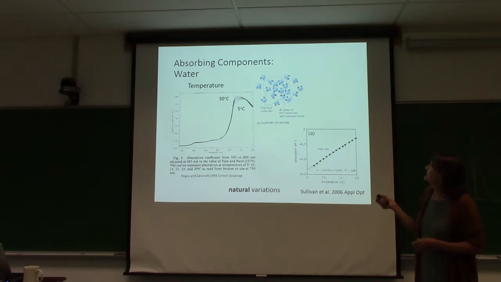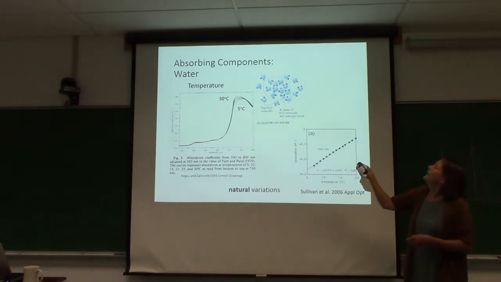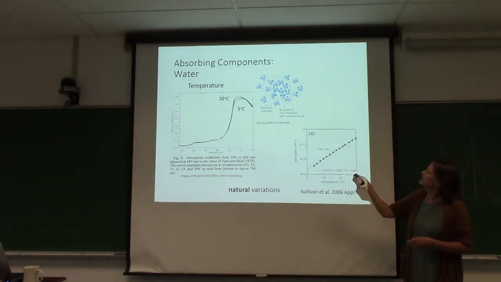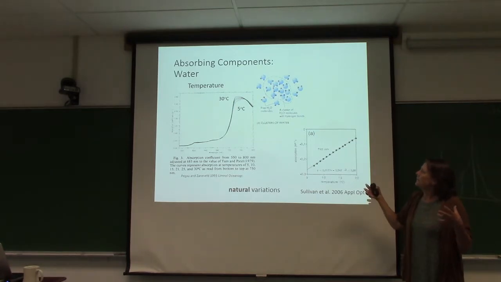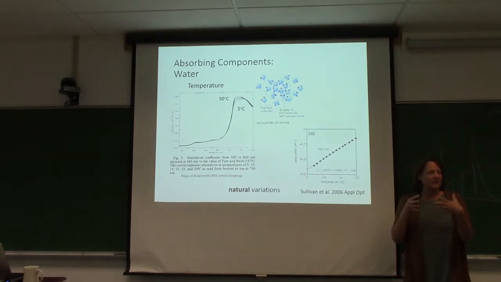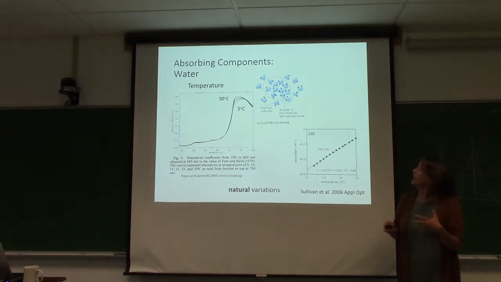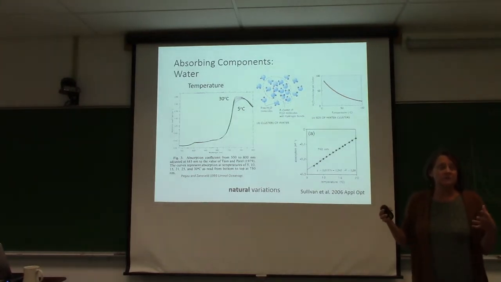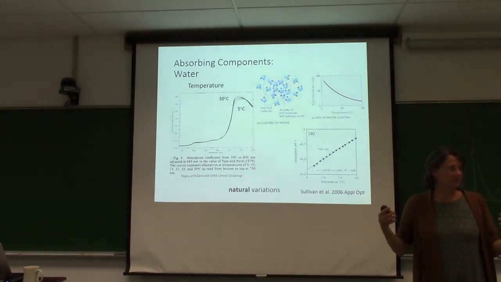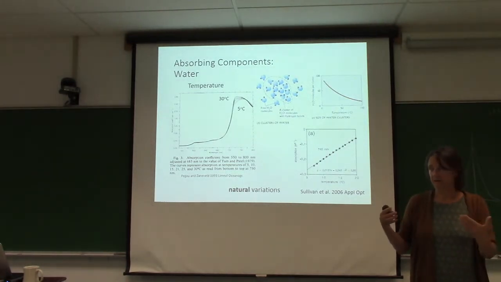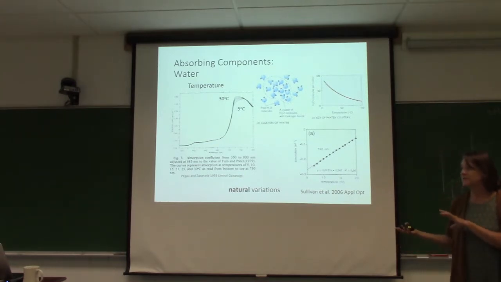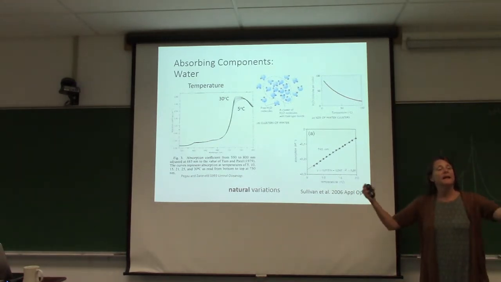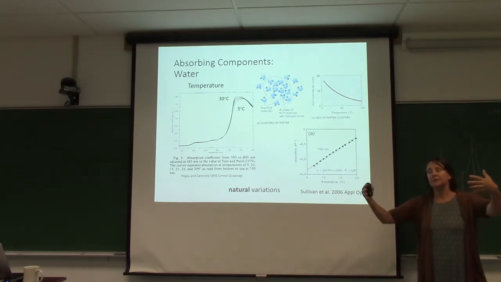Another way I like to think about it is that water molecules, this is from an intro oceanography book, I'm sorry for the quality of the figure, but each of these is a water molecule, the oxygen and the hydrogens. Water molecules cluster together and are held together by hydrogen bonds. The size of those clusters depends upon the temperature. When it's really cold, the molecules are not moving as much, and they tend to form hydrogen bonds between the partial negative charge of the oxygen and the partial positive charge on the hydrogens, and form big clusters.